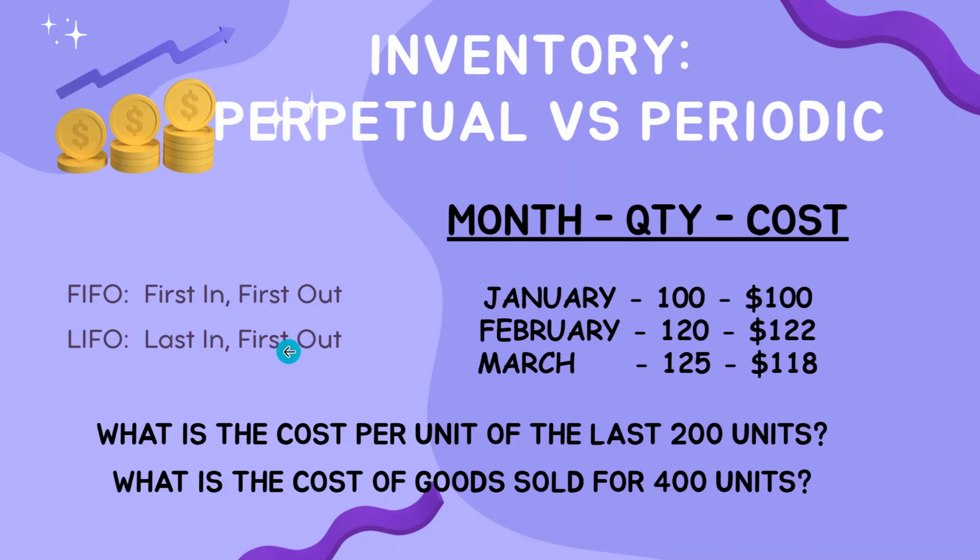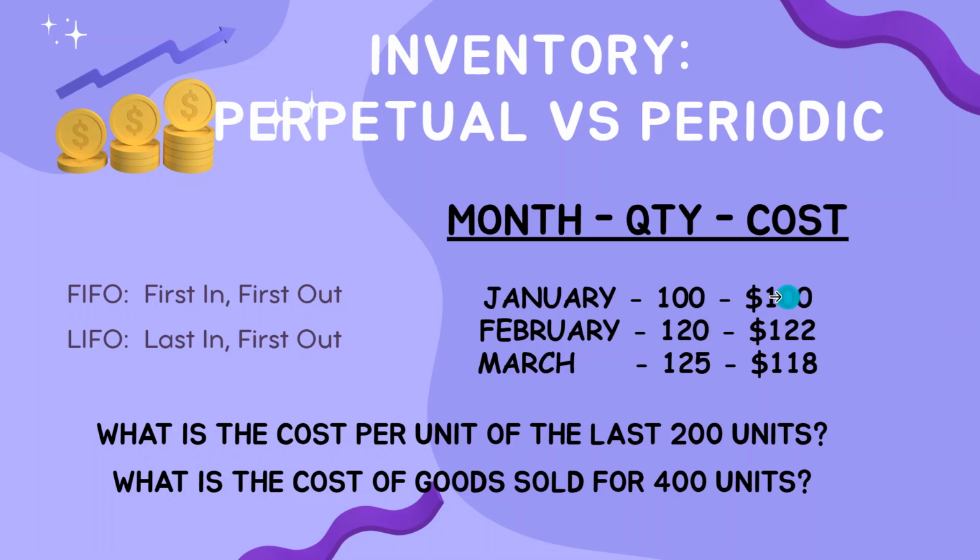Last in, first out. Then what's left, you're going to have 100 times 100 plus 100 of these, 100 times 122.